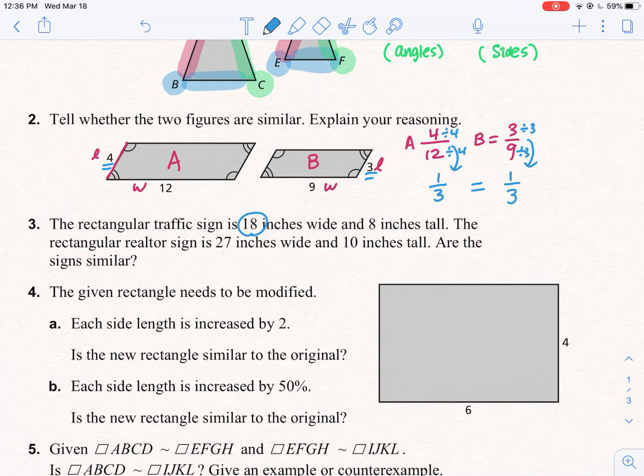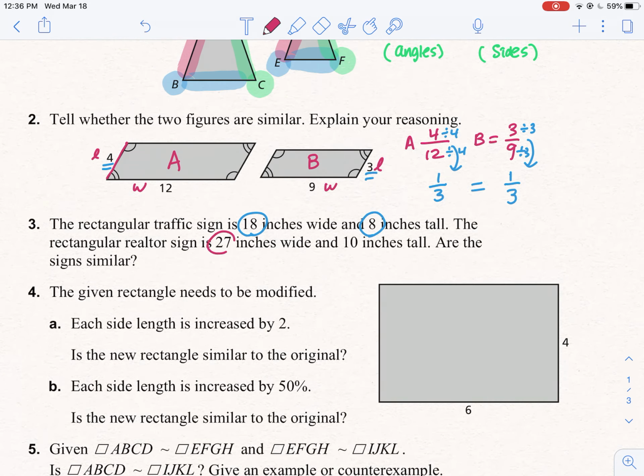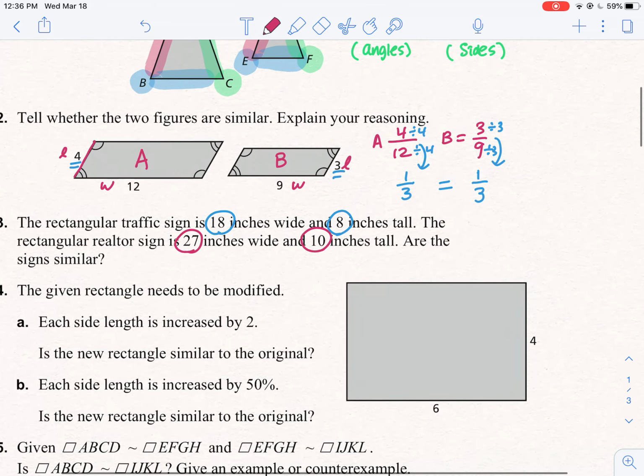The rectangular traffic sign is 18 inches wide and 8 inches tall. And the rectangular realtor sign is 27 inches wide and 10 inches tall. So we have to find out if they're similar. Let's go ahead. So for the traffic sign, it's going to be 18 inches wide and 8 inches tall. If I simplify that, it's going to be 9 over 4. I can't go any further because I just divided by 2.